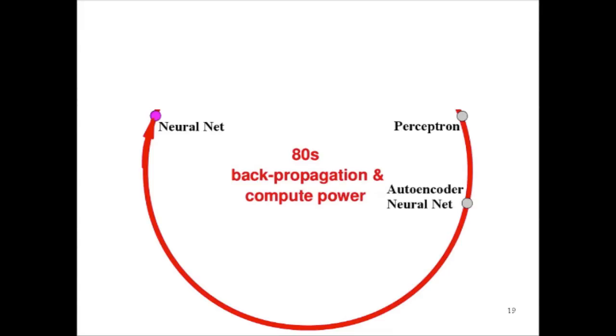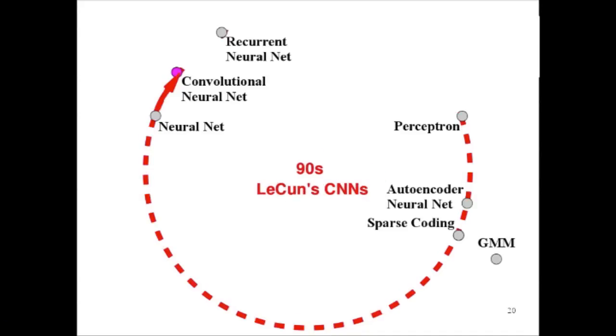There was a lot of excitement about this. In the late 80s and 90s, this was applied also to computer vision applications, in particular to OCR, with the convolutional neural network pioneered by Yann LeCun. But then around the mid-to-late 90s, the field died again for a second time.